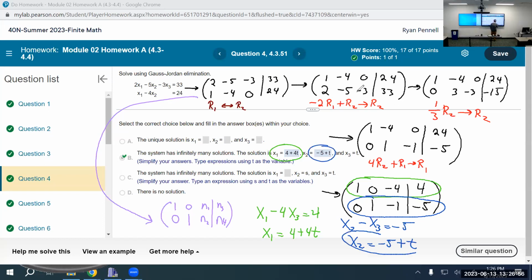So that's infinitely many solutions. So I think my x1 is 4 plus 4t. My x2 is -5 plus t, or t minus 5. Doesn't matter, either order. And then x3 equals t. So there's infinitely many solutions to this system. That's the idea.